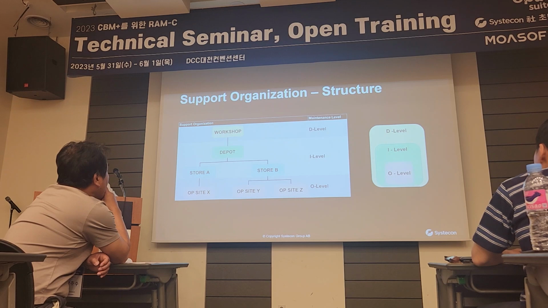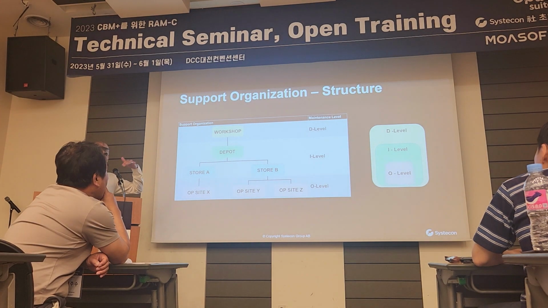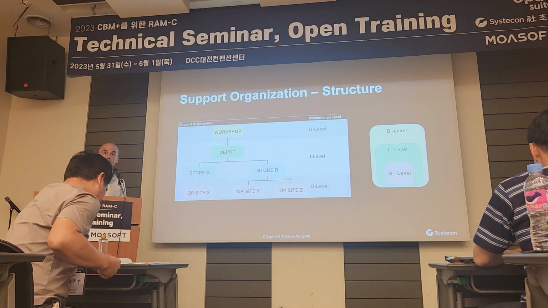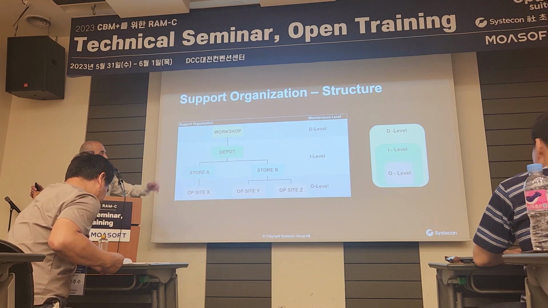It's not possible to perform I-level tasks at an O-level station. So the higher up in the maintenance level hierarchy you come, the more capability you have to perform maintenance tasks. So D level in this case can do everything you can do on I level and O level.